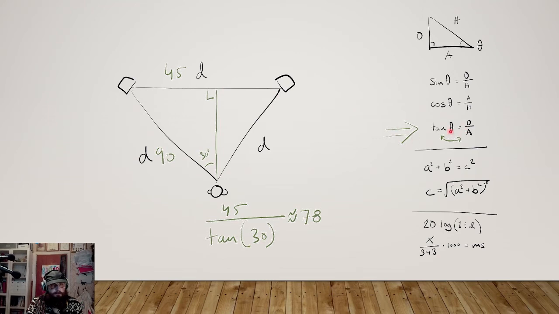So using the tan, we put that into the calculator as 45 divided by tan 30 equals 78. So we get the same number, which means that in this case you have two ways of calculating, either by Pythagoras theorem or trigonometry.